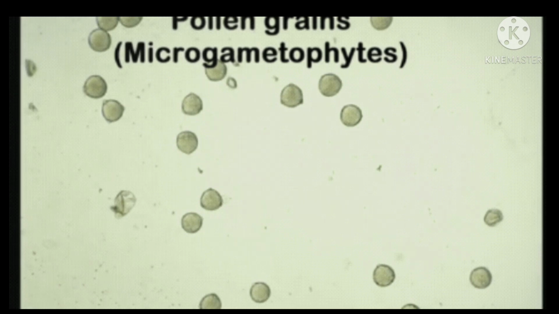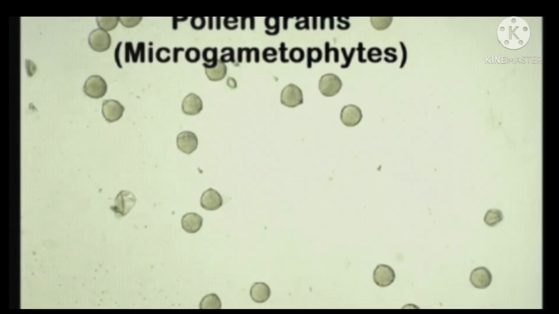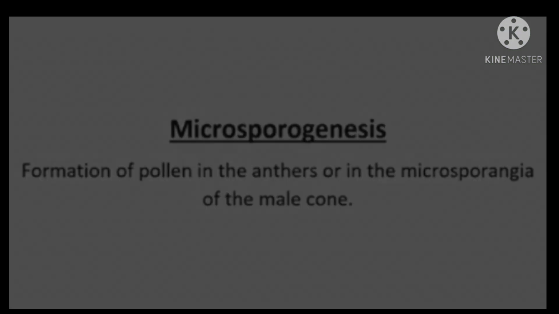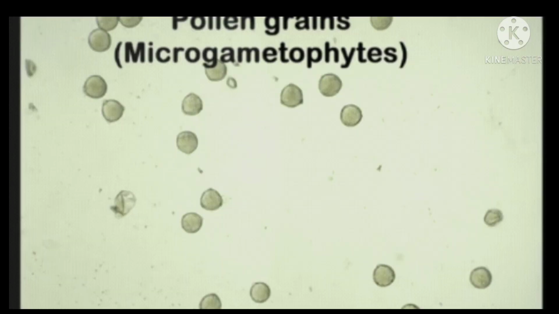That means formation of pollen grains, which you can see in the figure, and where it's synthesized: in microsporangia or in the anther. So we have to calculate pollen grains in this practical, with pollen tubes or without pollen tubes. So that is the aim of our practical.